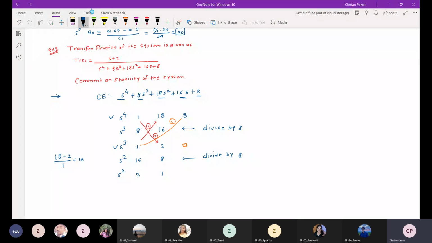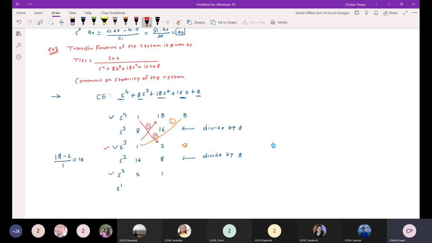Now we need to find out the coefficient of the s raised to 1 row. To find out the elements of this row, we need to consider the s raised to 2 and s raised to 3 row elements. So that will be this and this row.